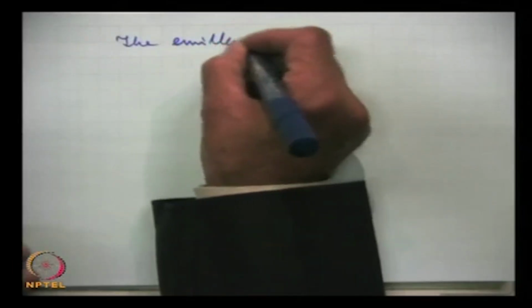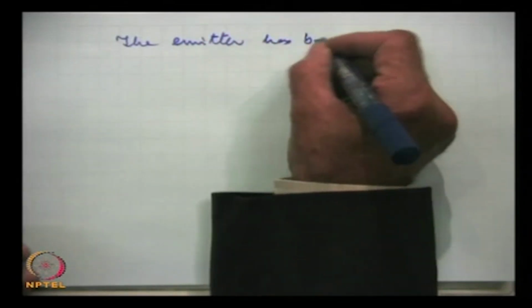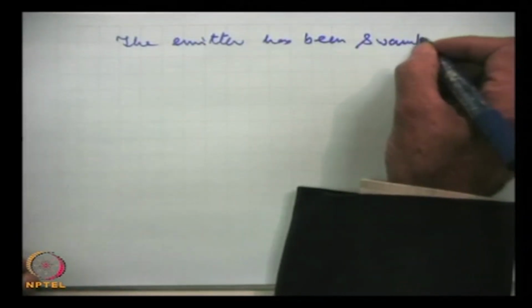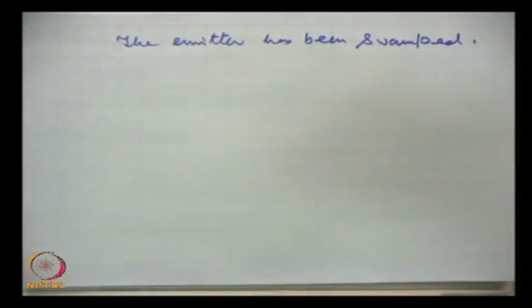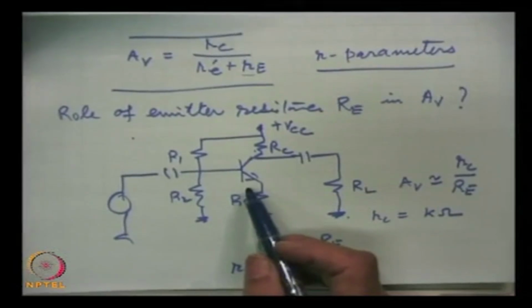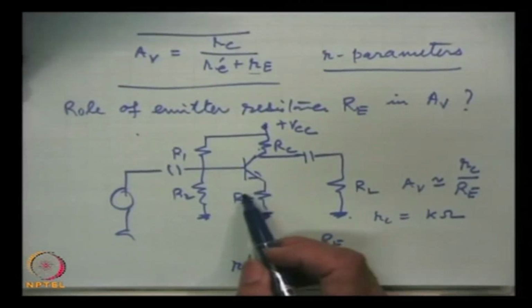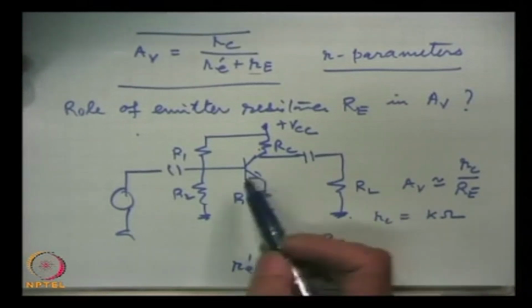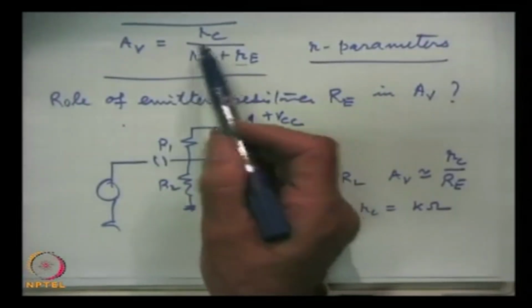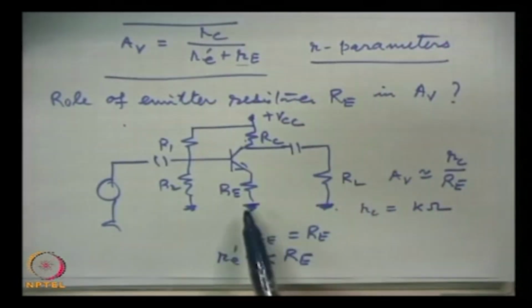The ammeter has been swamped, and this process is called swamping. What is swamping? Making the voltage gain independent of Re prime, because Re prime is temperature sensitive, as you will recall, it was said earlier. So, making the gain independent of changes in the value of Re prime is known as swamping.